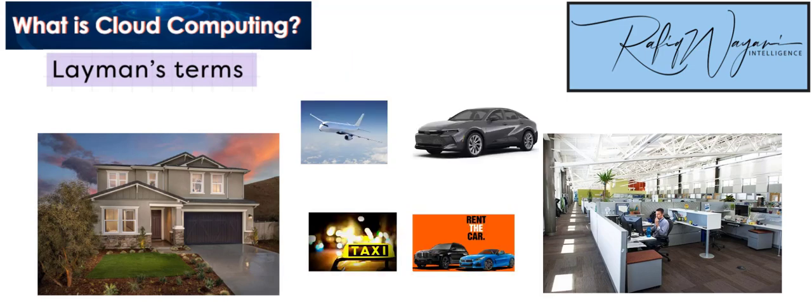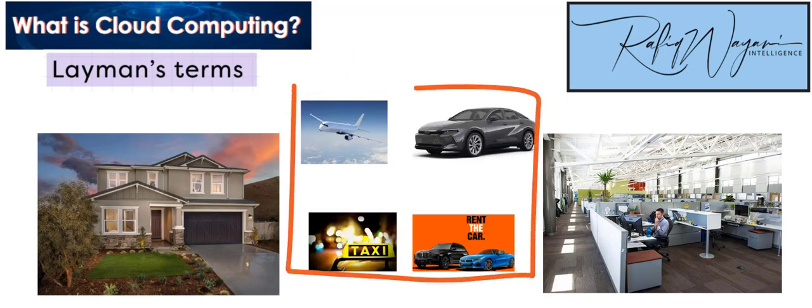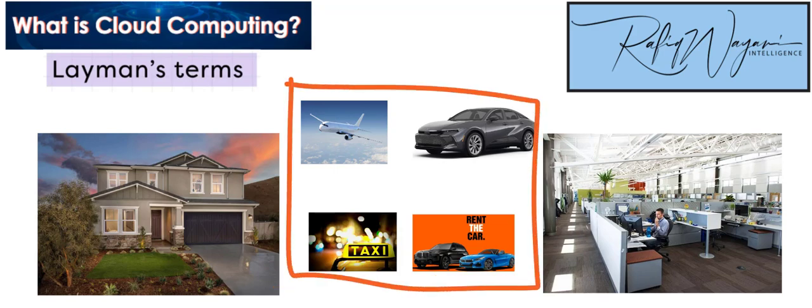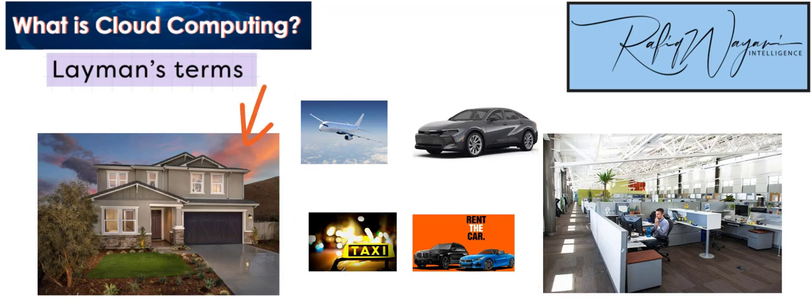Using this analogy of choosing the right vehicle for the right purpose, whether you're going to choose a commercial airliner or you're going to choose your own car, you're going to choose a taxi, you're going to rent a car or some other means, there are major brands that offer you the kind of vehicle you want so that you can get done what you need to get done.